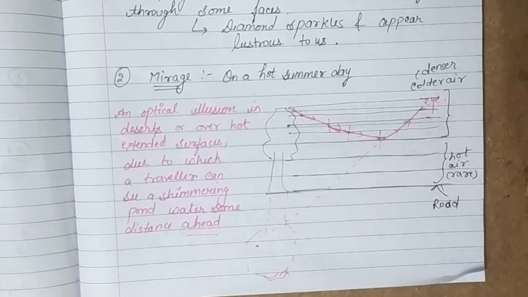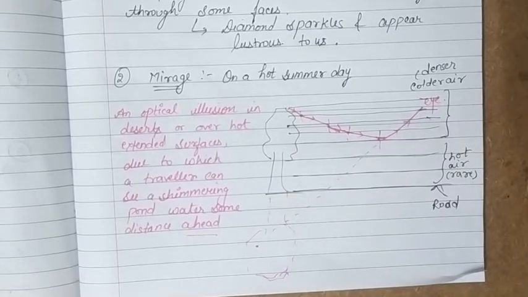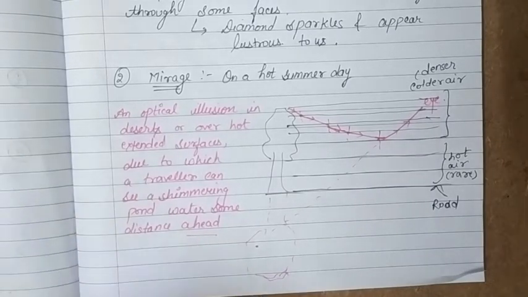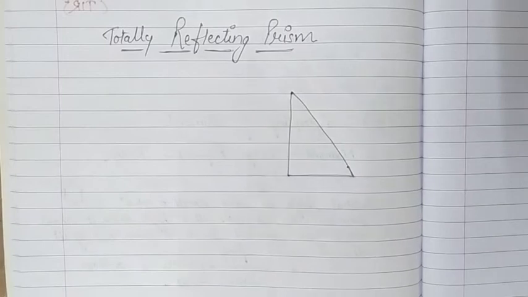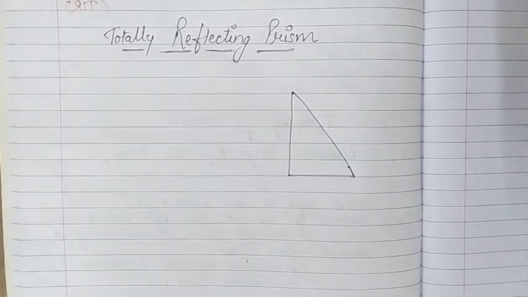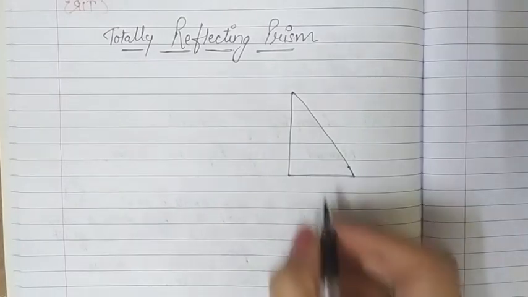Now the next two examples we have to study are totally reflecting prism and optical fiber. So I am starting with totally reflecting prism first. First of all, what is a totally reflecting prism? It is a right angled isosceles prism, right?